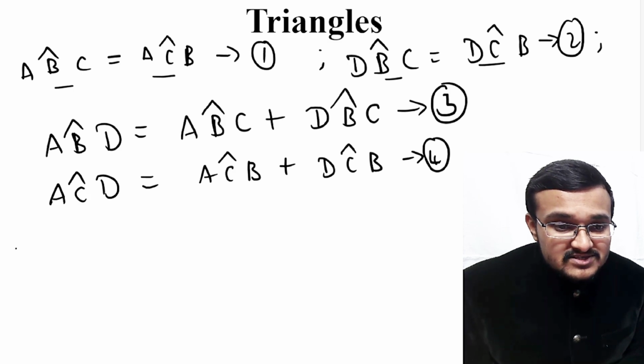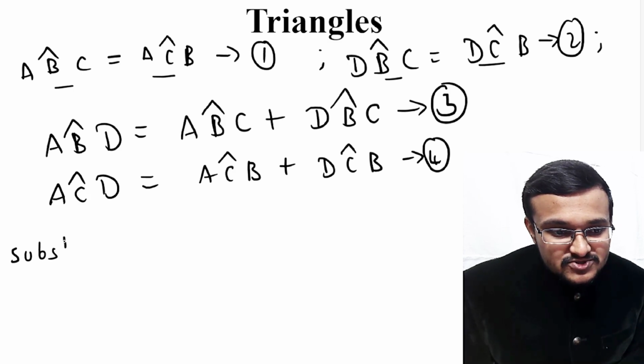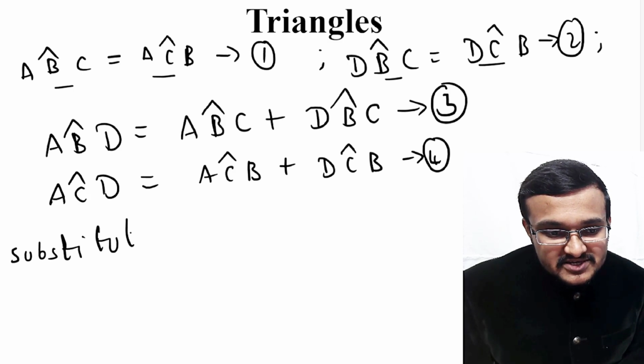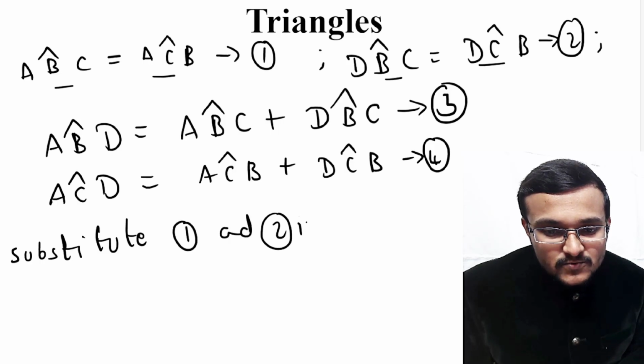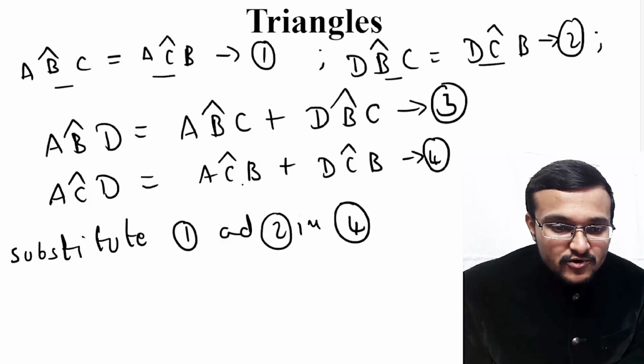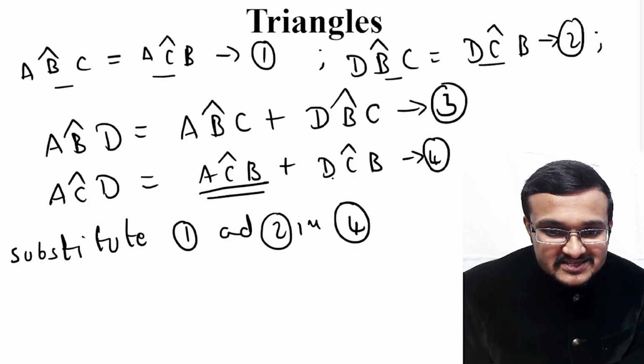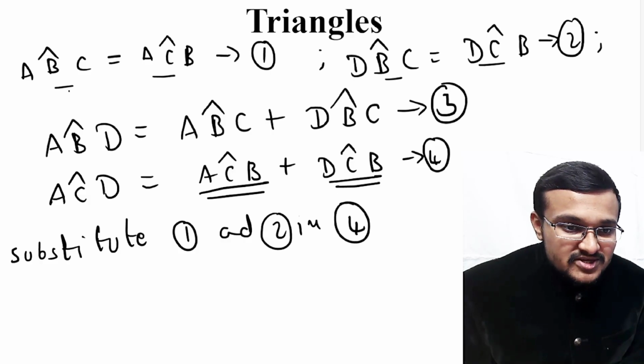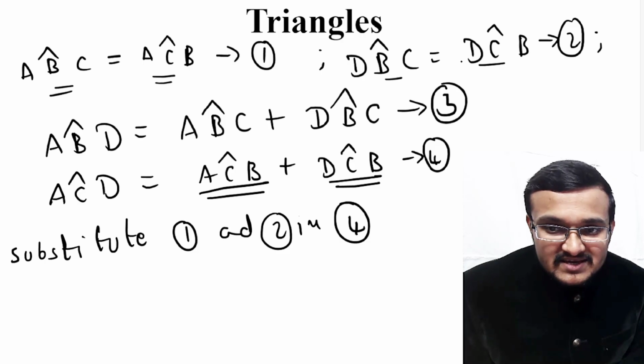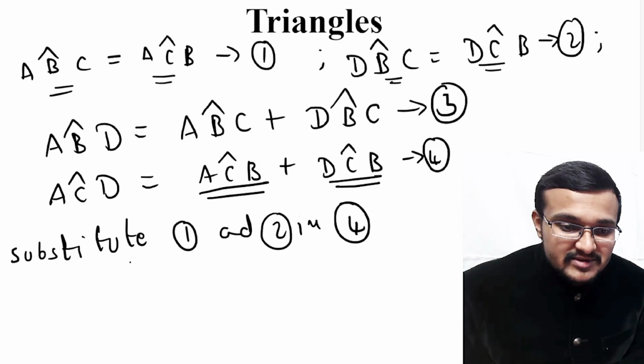So now you can substitute equation 1 and equation 2 in equation 4, because in equation 4 you have ACB and DCB. Here ACB is equal to ABC, and DCB is equal to DBC.